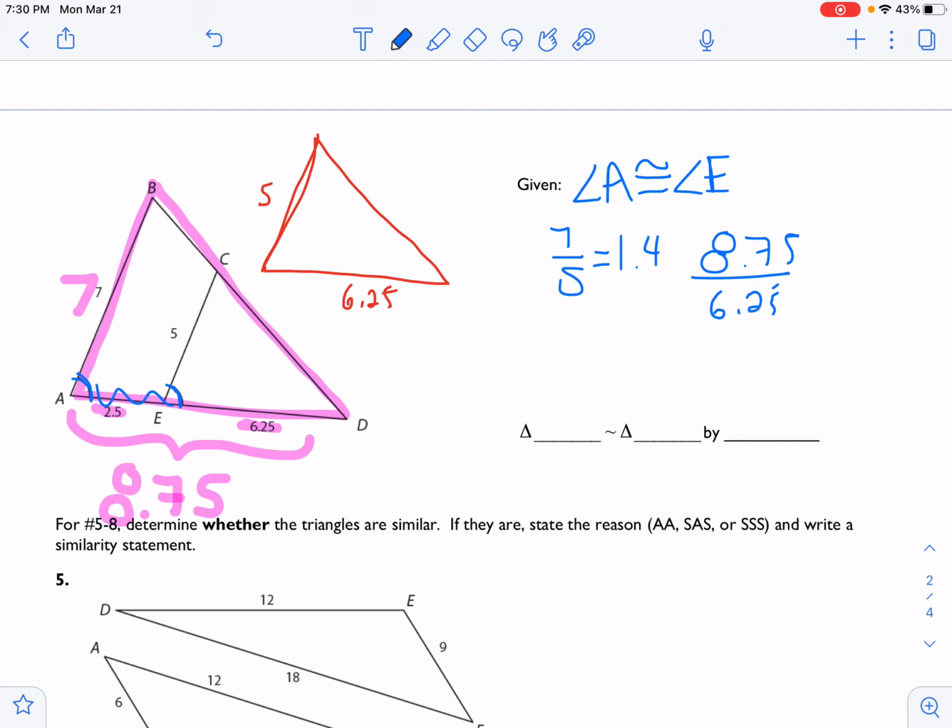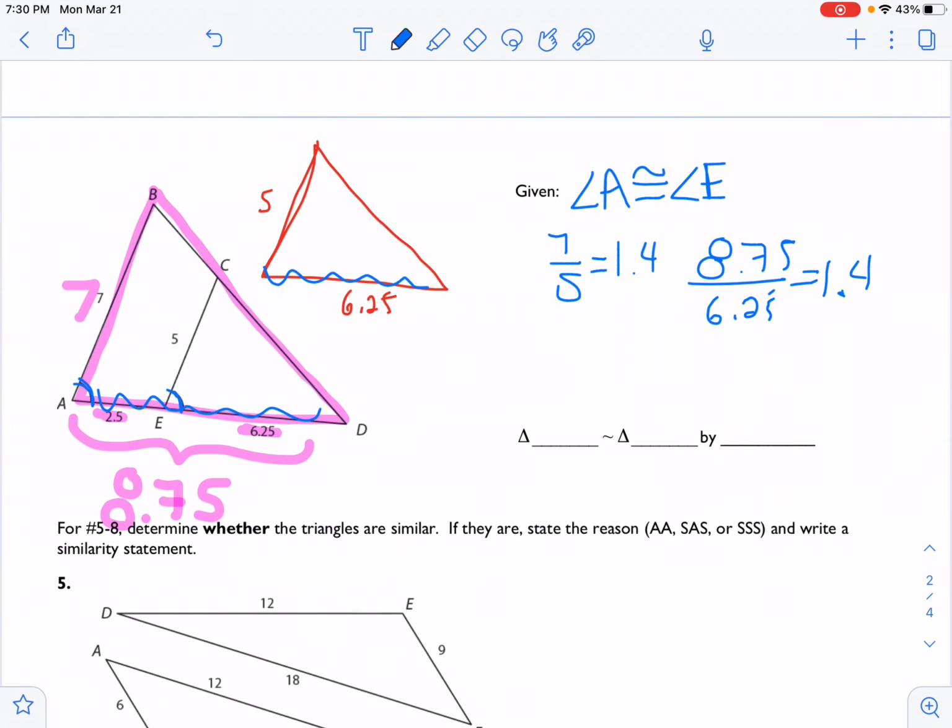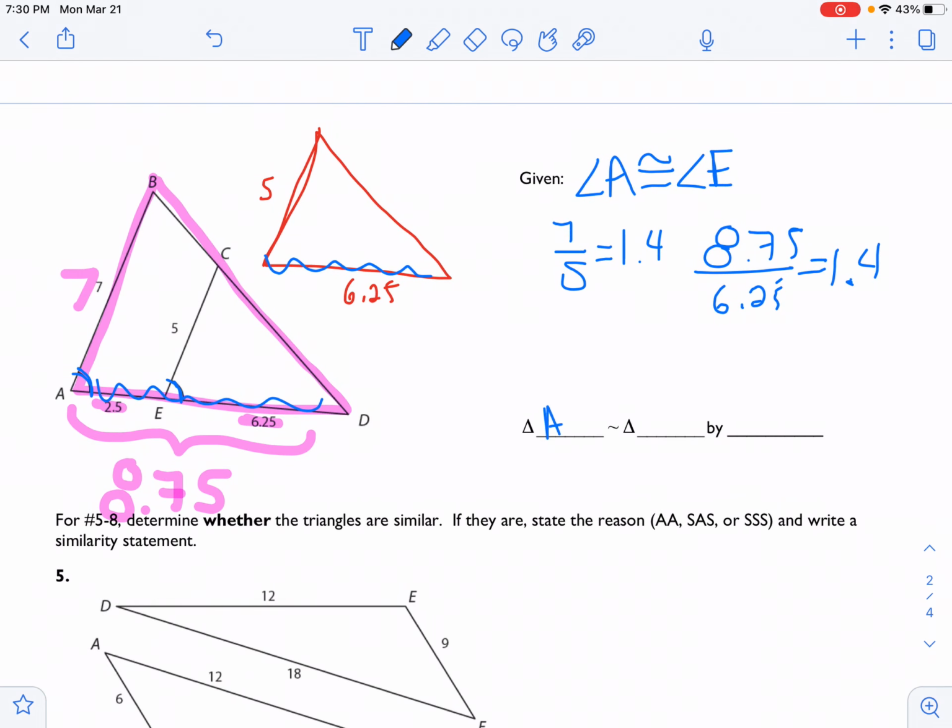So this whole side divided by this side. And we also get 1.4. So we have side, angle, side. We can say triangle, the big one, ABD is similar to triangle ECD by side, angle, side. So those we knew for sure that they were similar.